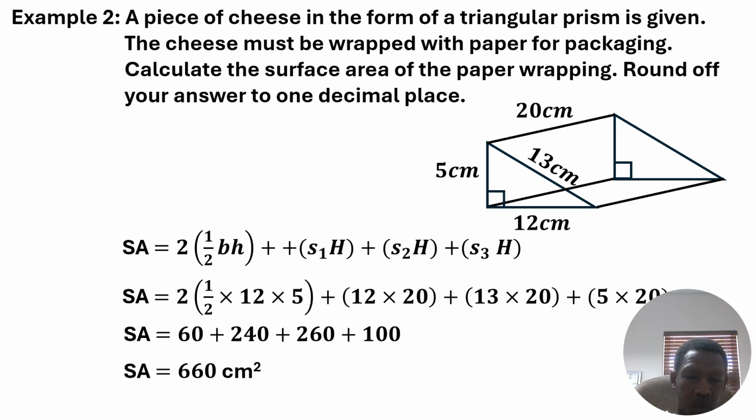The final answer gives us 660 centimeters squared. You'll realize that even from my previous presentation, when I was presenting the surface area of a cube as well as of a rectangular prism, I indicated that there's no need to use the unit during the calculations, because most of the learners don't get it right as they substitute.